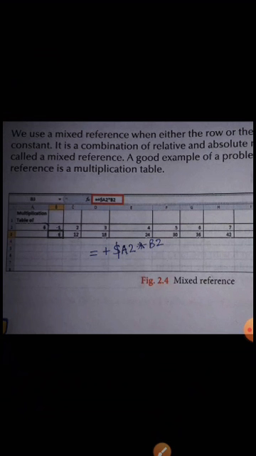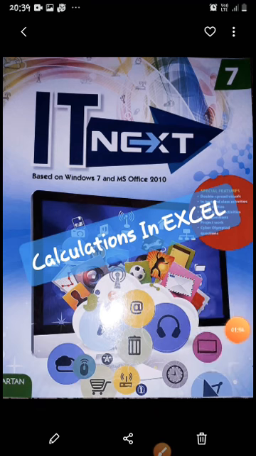So when we see $A2 here, students, understanding the calculations in Excel is very necessary. Without understanding the calculation we cannot enter any functions or formulas in MS Excel. The calculation needs signs and symbols to execute the task.